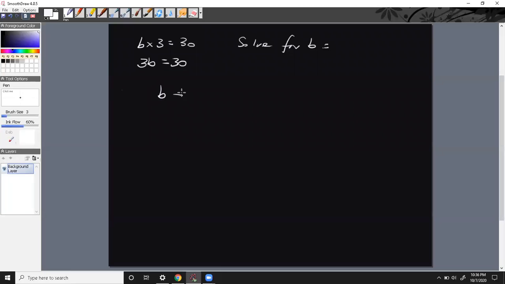So you've got your b, you're multiplying by 3, and the output is 30. So working backwards, you're going to use the inverse operation. That means divide by 3, and 30 divided by 3 is 10. So b is equal to 10.